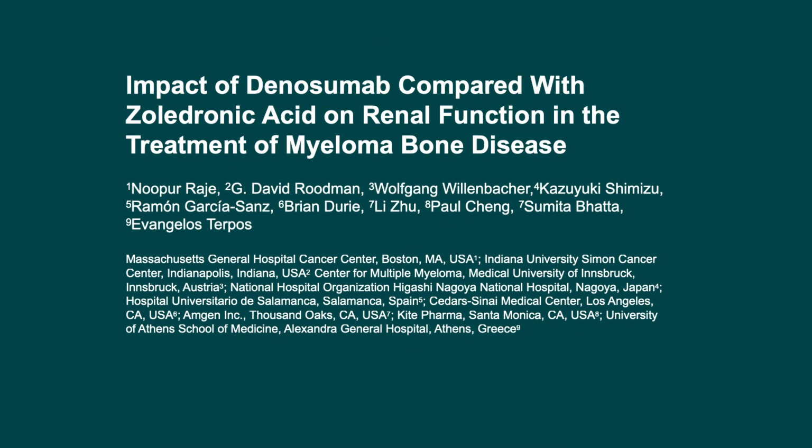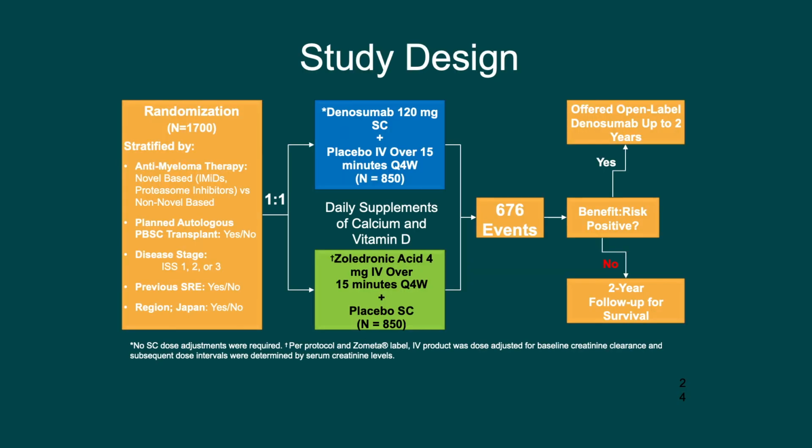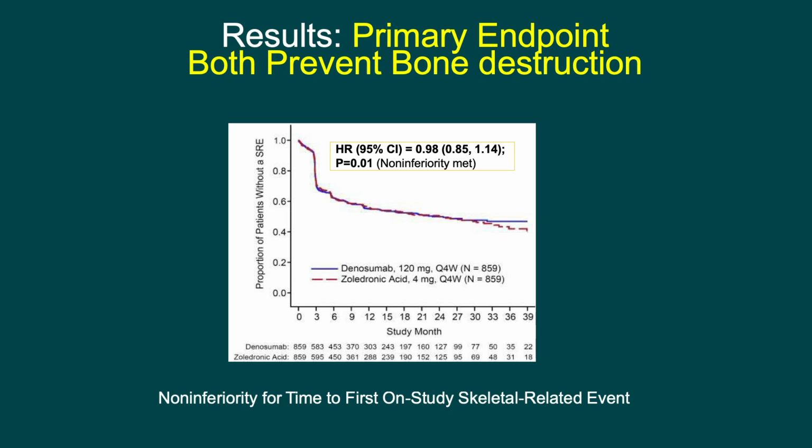But the reason we use this drug is because there was a clinical trial that tried to compare denosumab to zoledronic acid, and there were a lot of updates on that trial. The question is, which one is better? Denosumab is an easy drug because you give it underneath the skin. You don't have to worry about kidney function, so that's why that drug was developed. In the primary endpoint analysis, bone destruction was identical.